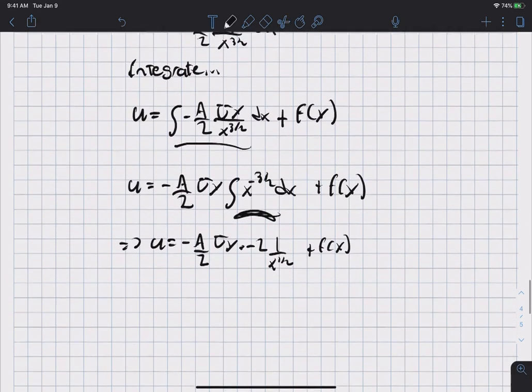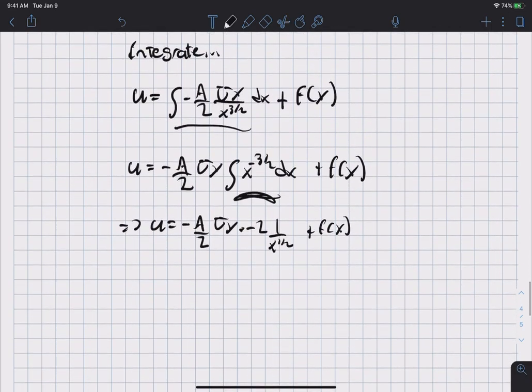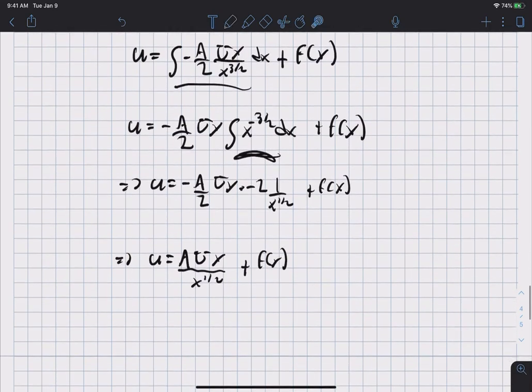Okay, so just simplify this out, and we get that u equals a times u y over x to the 1/2 power, which so far is the same as the problem statement, plus any function of y.